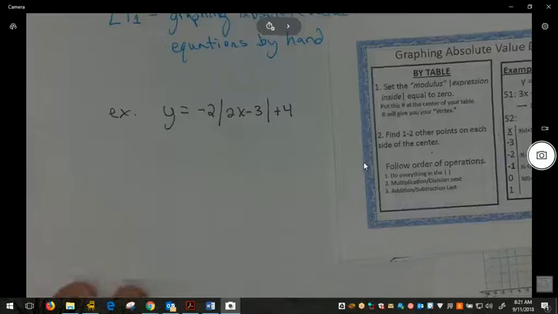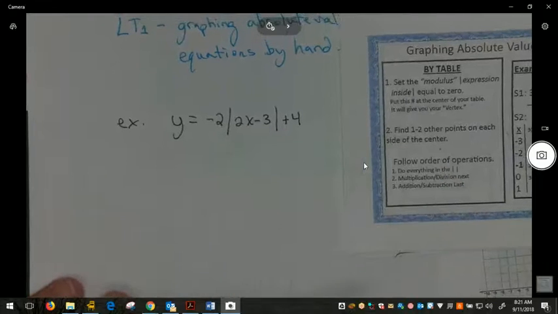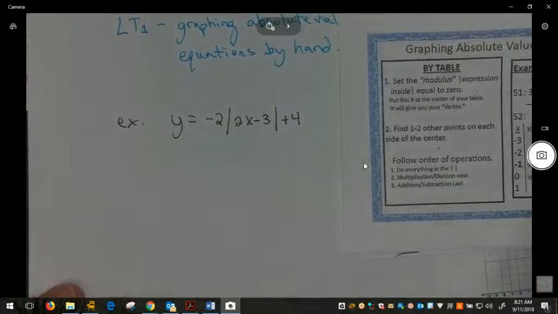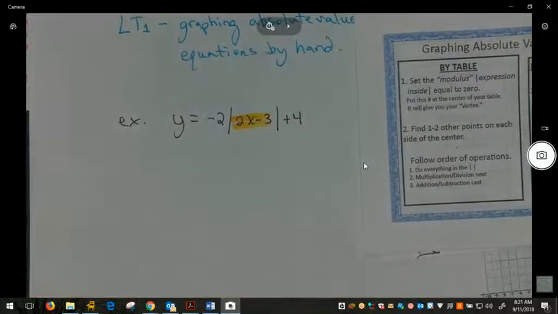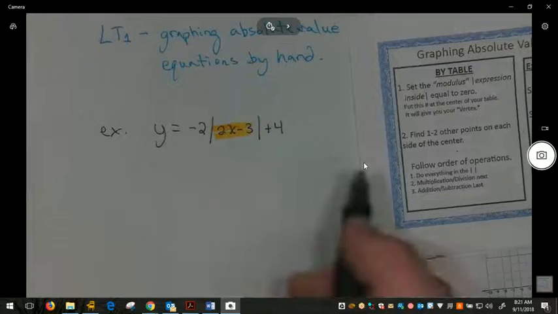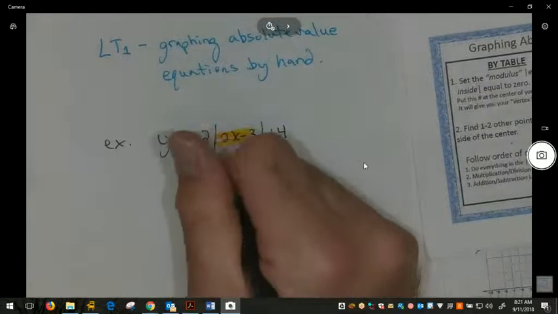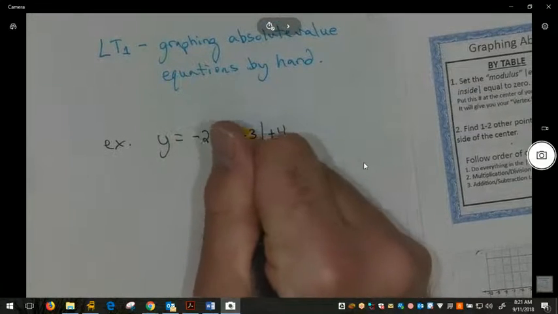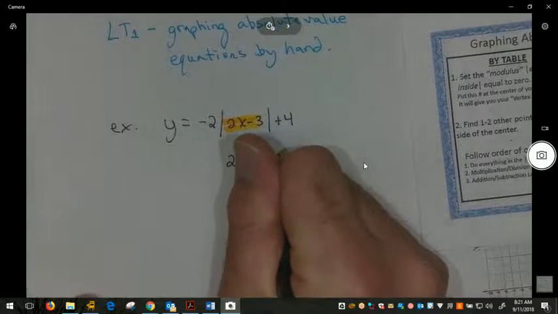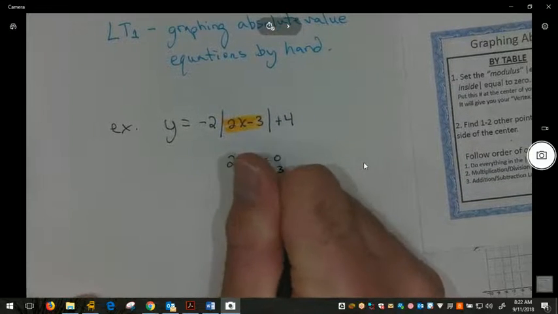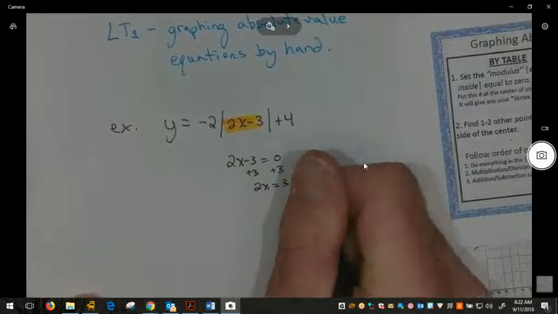So let's take a look at this example that has multiple operations. We can look at how to do this one by table. Our modulus is 2x minus 3, which means that 2x minus 3 equals 0 will help us get our center. If I add 3 to both sides, I get 2x equals 3.